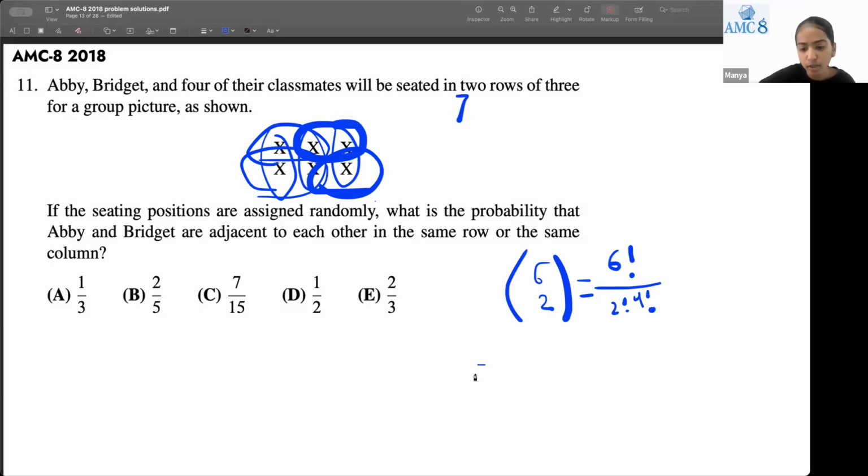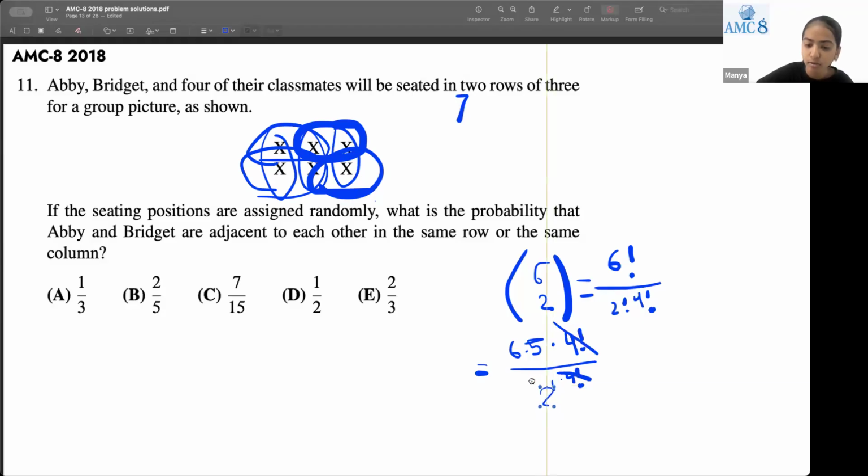We can represent 6 factorial as 6 times 5 times 4 factorial over 2 times 1, times 4 factorial. And so the 4 factorial on the top and the bottom will cancel out with each other.